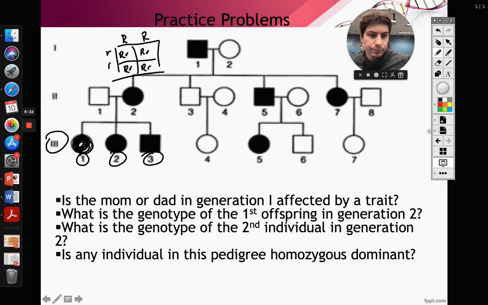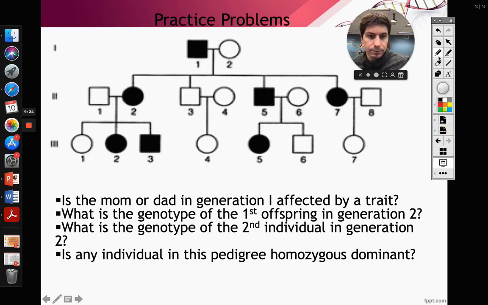But it's not. Since it's not filled in, we know that this one up here, number 2, has to be big R, little r. And that will allow us to get that little r out of it right there, or right at the bottom. Okay?